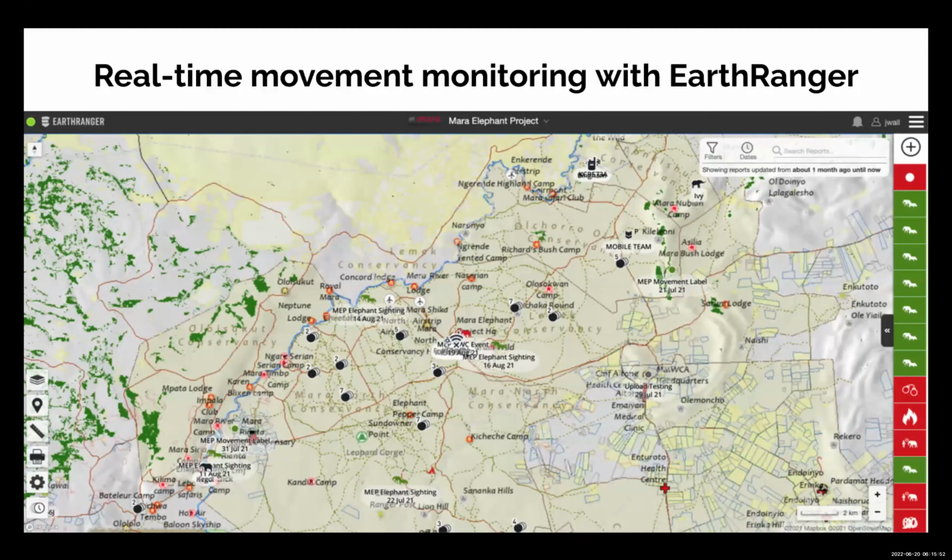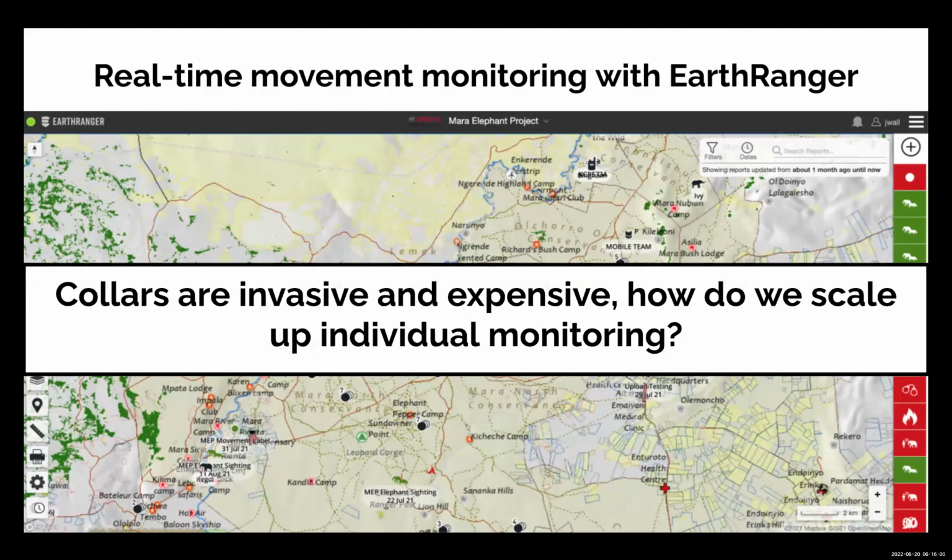Now, this is amazing. You get this really nuanced, almost real-time information about animal behavior, where they're moving over time, but for 25 individuals. So they're very invasive. They cost 25 grand per collar. And the collars die. They need to be recollared. It's really difficult to actually scale up individual monitoring using this type of information.